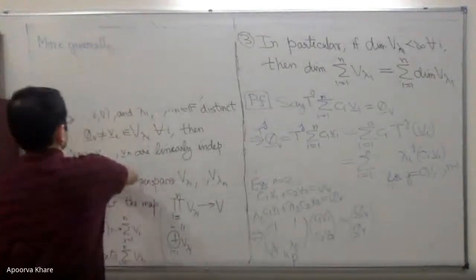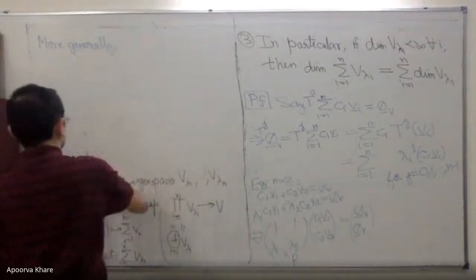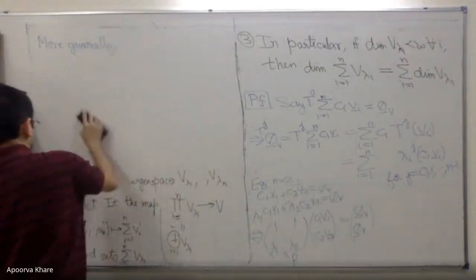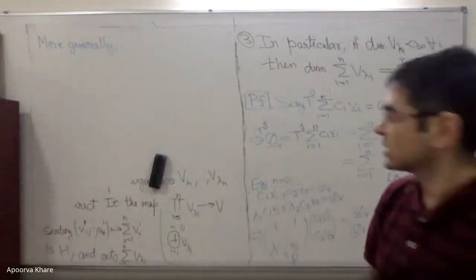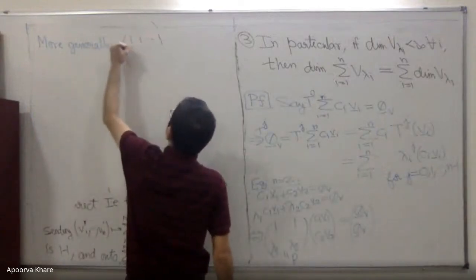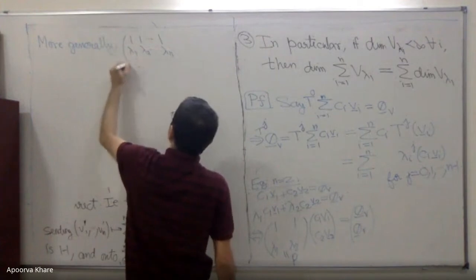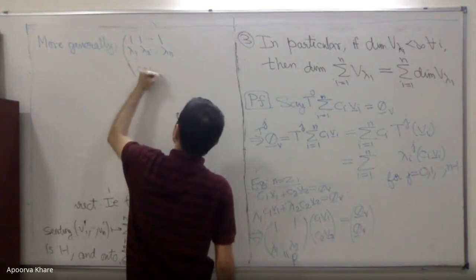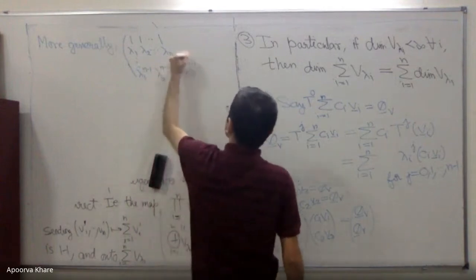We have the same equation, I'll just write the same equation down. There's nothing different here: 1, 1, 1; lambda 1, lambda 2, lambda n; up to lambda 1 to the n minus 1, lambda 2 to the n minus 1, lambda n to the n minus 1.